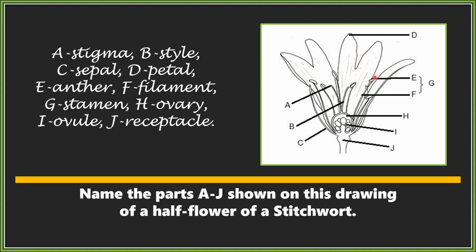Part E, these are anthers. And part F, it is a filament. Part G, which comprises E and F, this is the stamen. And part H is the ovary. Part I, these are the ovules, and part J, it is the receptacle.